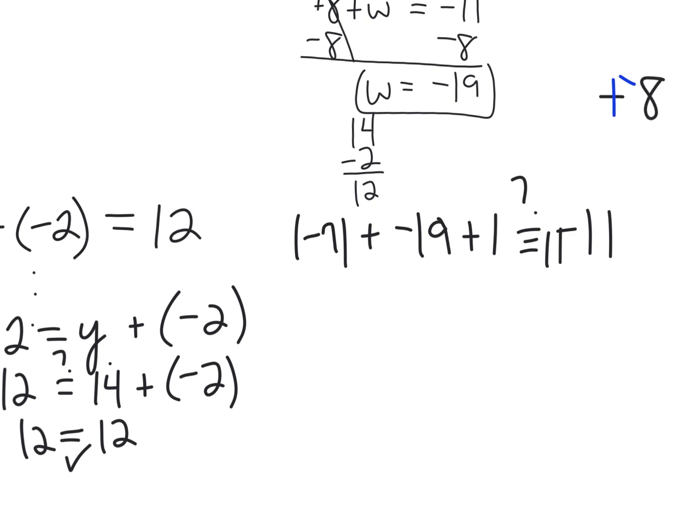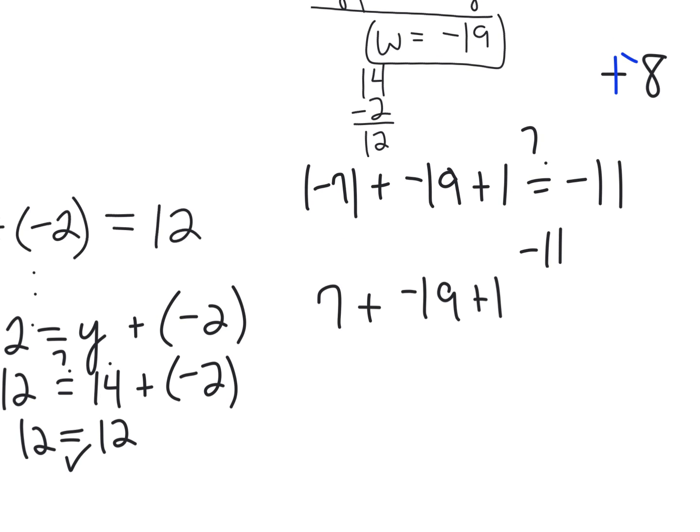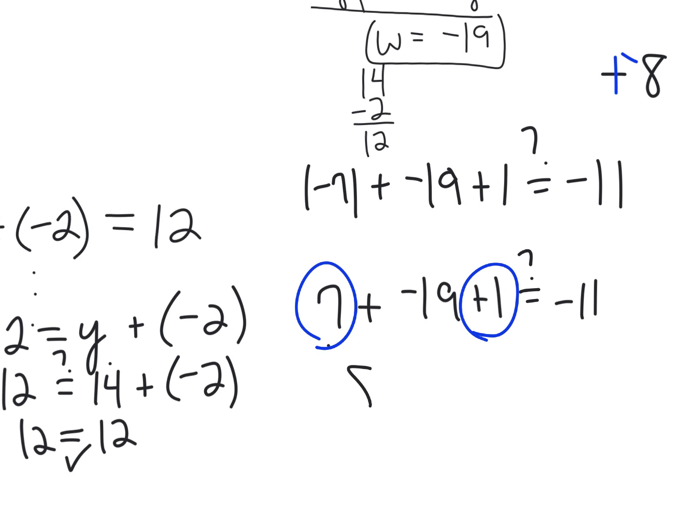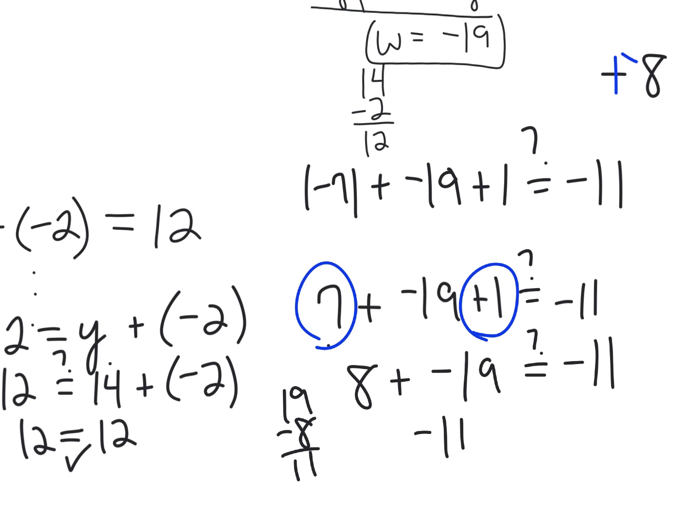So absolute value of negative 7 is 7. Seven plus 1 is 8. If we combine like terms. And then 8 plus negative 19, different signs, take the difference. And we have more that are negative. So negative 11 equals negative 11, so that works.